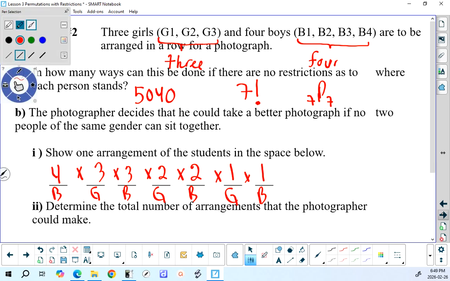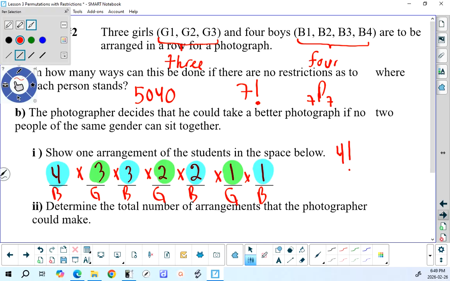But I want to point something out to you. What we're really doing is we are arranging the 4 boys and we are arranging the 3 girls. So there's nothing wrong with you saying to yourself, you know what? I have to arrange the 4 boys in those 4 seats.